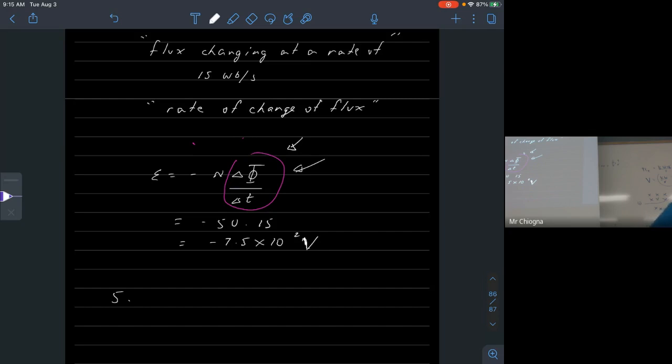They gave you everything that you need in terms of the rate of change and the number of turns. That's all you needed. The sign is just an indication of which direction the current's flowing. So it's supposed to anyway.